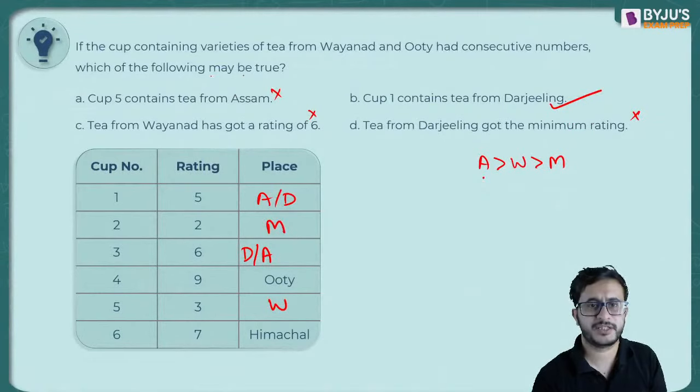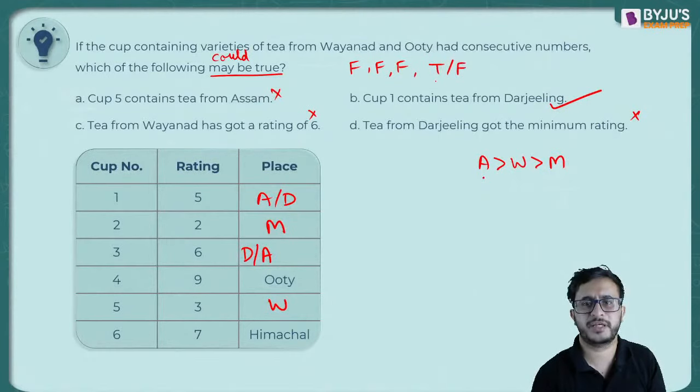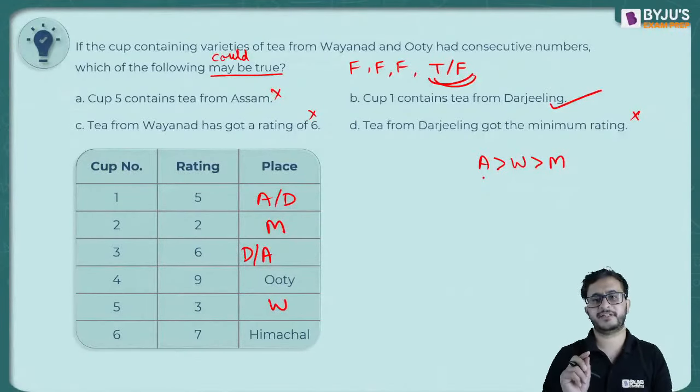Whenever the question says may be true or could be true, you should know that in that case the other three options will be false, and the fourth option that you have to pick is either true or false. So that's the way to identify such questions.